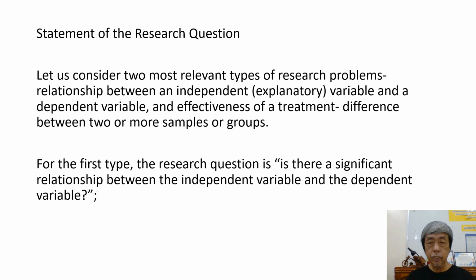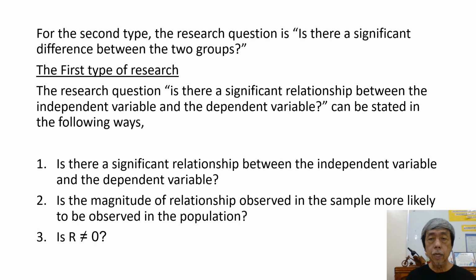For the first type, the research question is: is there a significant relationship between the independent variable and the dependent variable? For the second type, the research question is: is there a significant difference between the two groups? We shall now proceed to the steps for the first type of research.